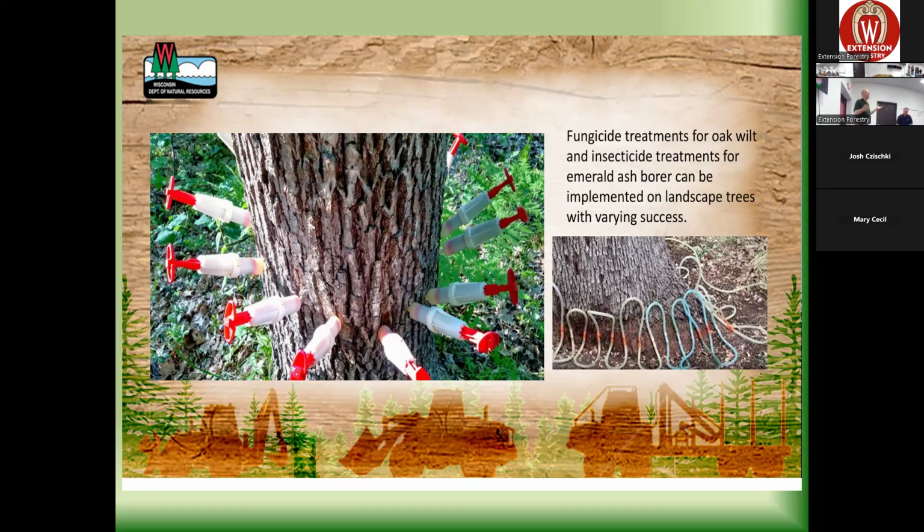There's good signs that, if found early enough, it can be successful. This is also used on emerald ash borer to save, but these are just saving, again, basically yard trees. You're not obviously going to do this to all your trees in your forest. I have somebody in Bruce right now that has a big oak. They've had oak wilt in their yard. They don't want to lose this big one, and they're treating it right now.